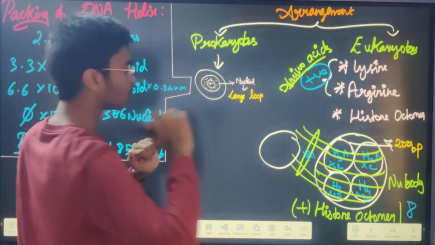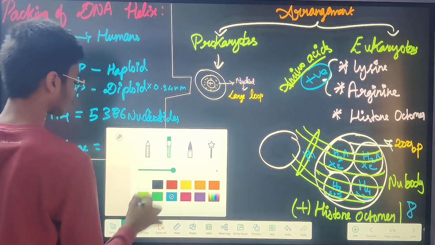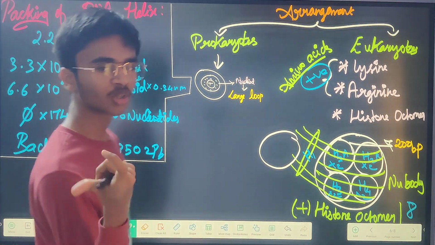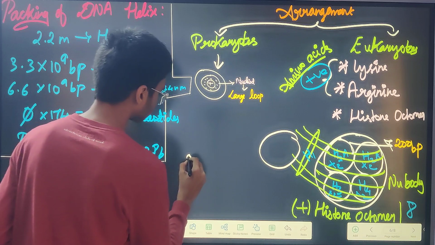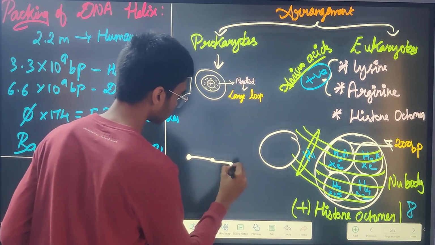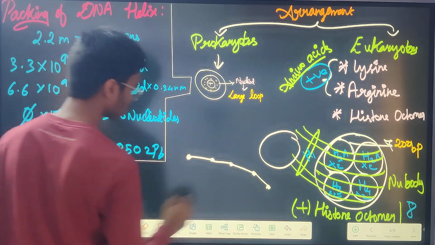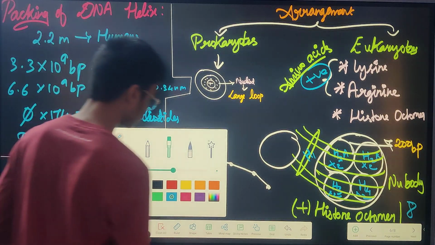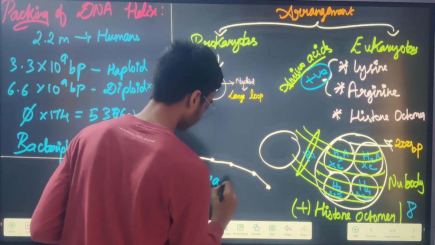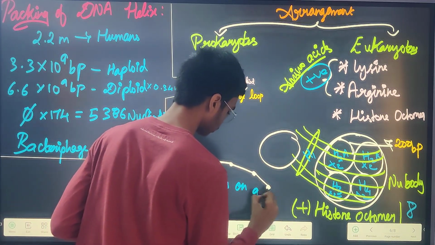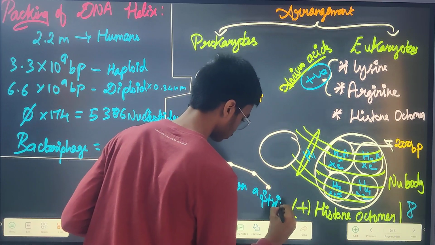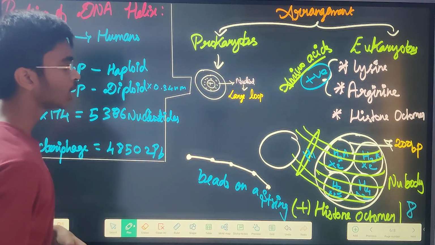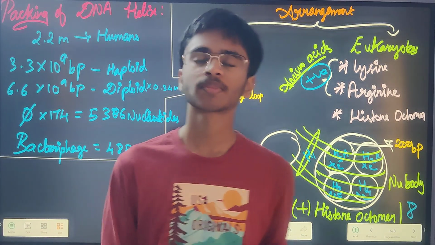When you view it with a normal microscope, a little more advanced than the normal microscope, it looks like this. How is this structure? It is similar to beads on a string.